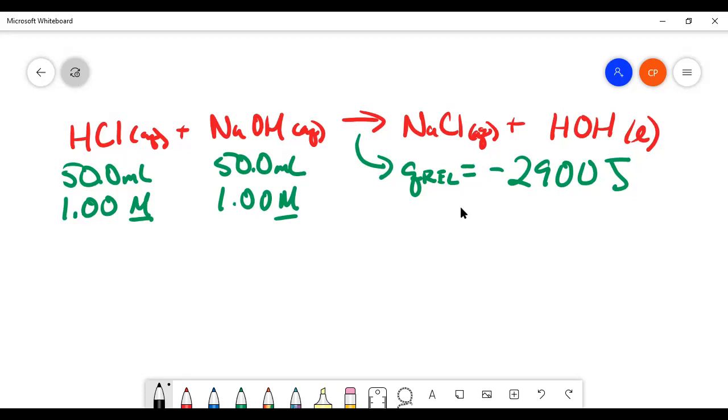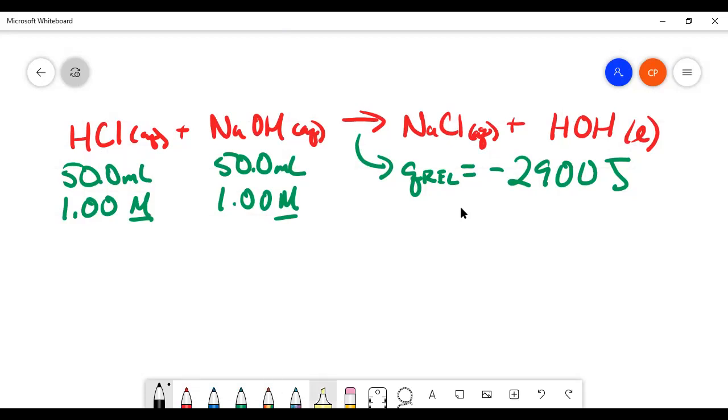And enthalpy is traditionally expressed in units of kilojoules per mole. And how that works out for a situation like this, 50 milliliters of a 1.00 molar reactant, like we expressed in the hydrochloric acid problem from Tuesday.